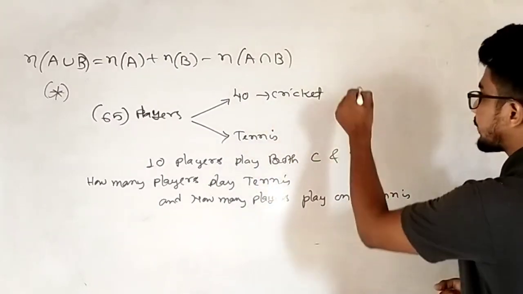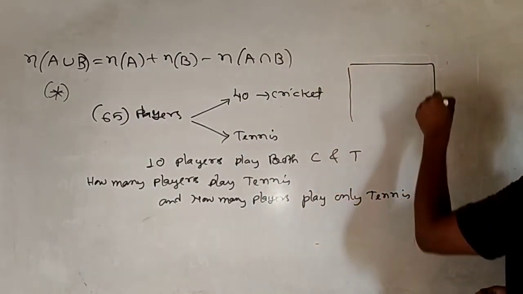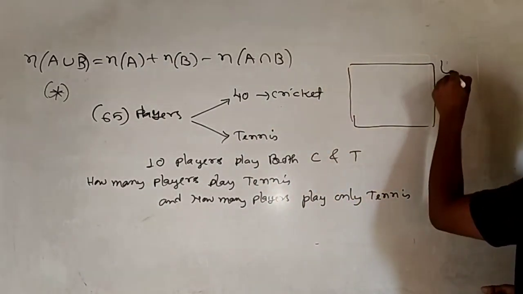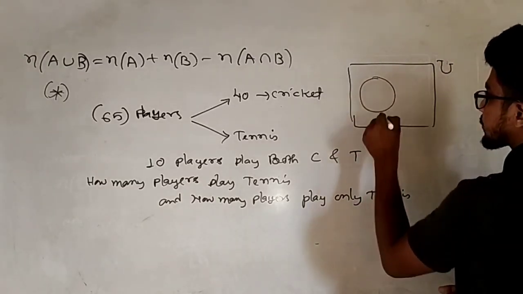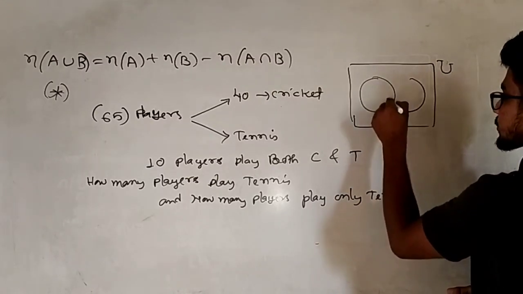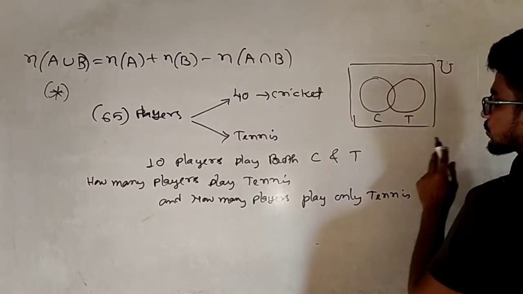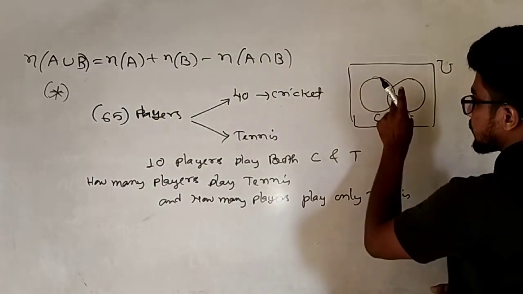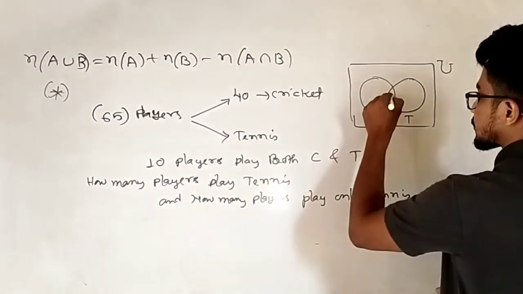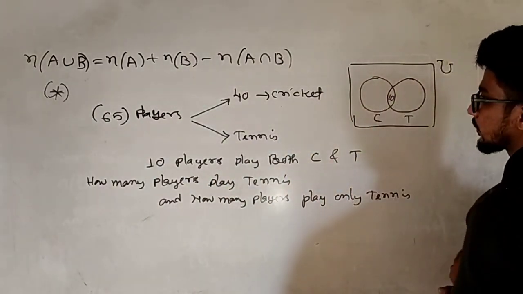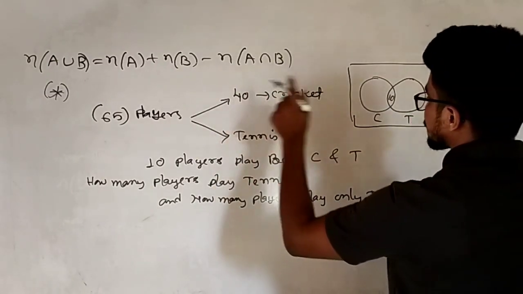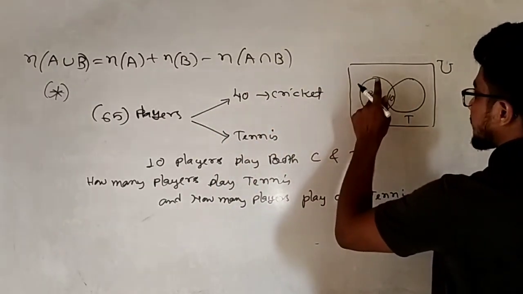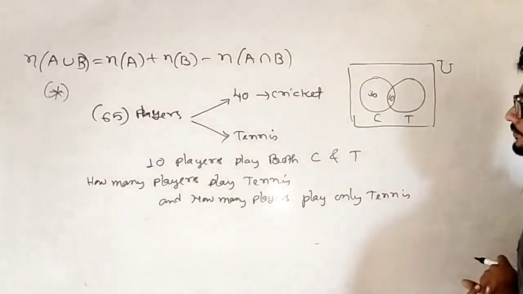So if we draw the Venn diagram, suppose this is our U, all total players, this is our set cricket, and this is our set tennis. Since 10 players play both, there will be 10. Total number of players playing cricket is 40, so there will be 30. Then 30 plus 10 equals 40.